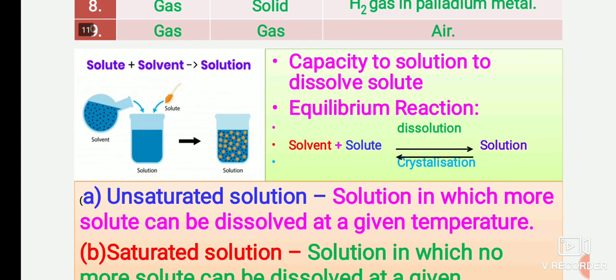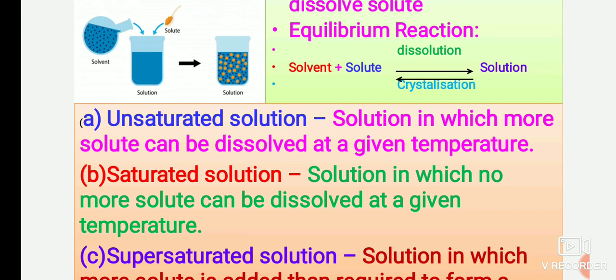But after some time, the solute remains as it is, means it does not dissolve into the solvent. And according to this capacity of the solvent to dissolve solute, there are three main types of solution.